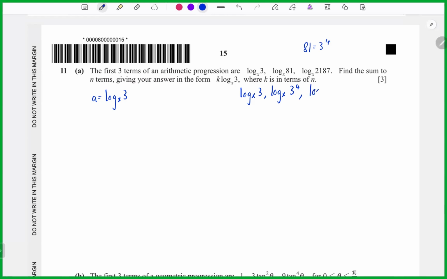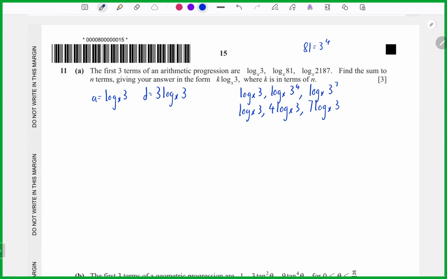Then log base x of 3 to the power 7. So you can write here log x 3, 4 log x 3, 7 log x 3. Okay, so your common difference is 3 log base x of 3.